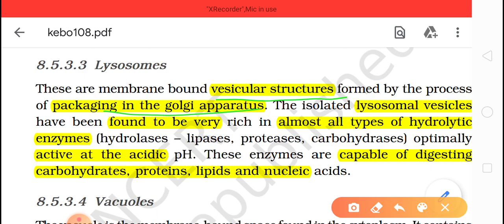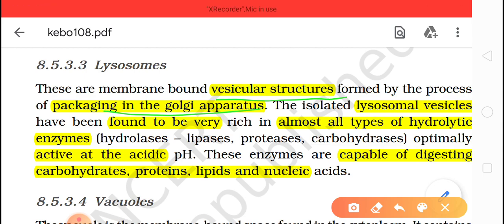Okay, so this is about lysosome. Lysosome, I repeat once again, is the suicide bag. These are formed during packaging of protein molecules in the Golgi apparatus, and lysosomes are rich in almost all types of hydrolytic enzymes, lipases, proteases, carbohydrases, and these enzymes are activated at acidic pH.